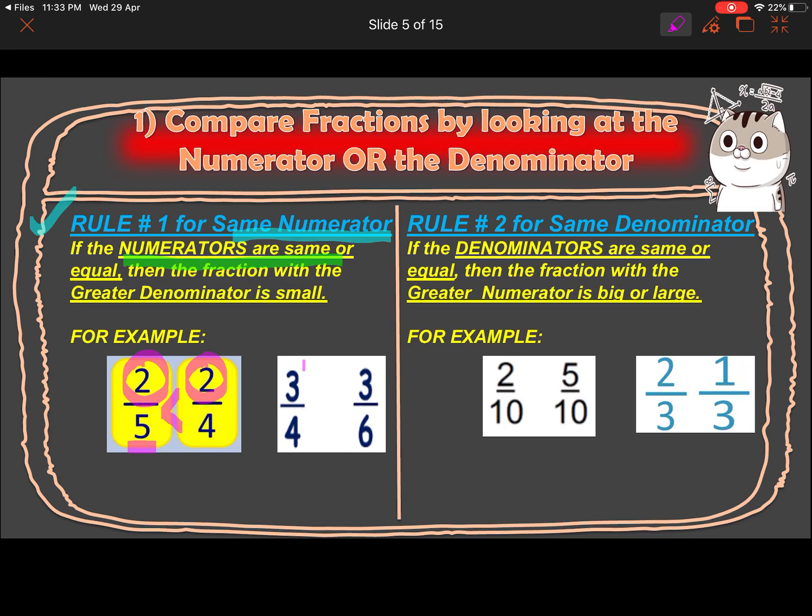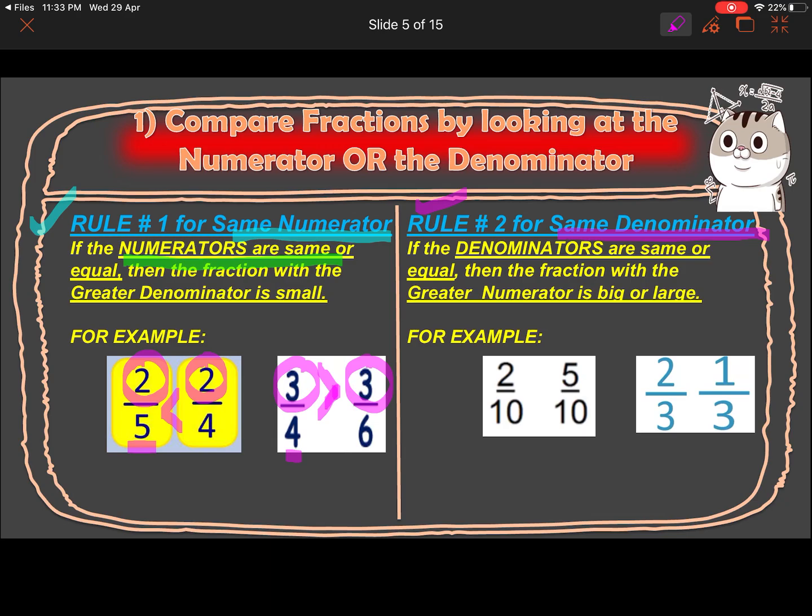And if we do the opposite of it, we say that when the numerators are same, the fraction with the smaller denominator is big. So 3/4 is greater than 3/6. Understand?